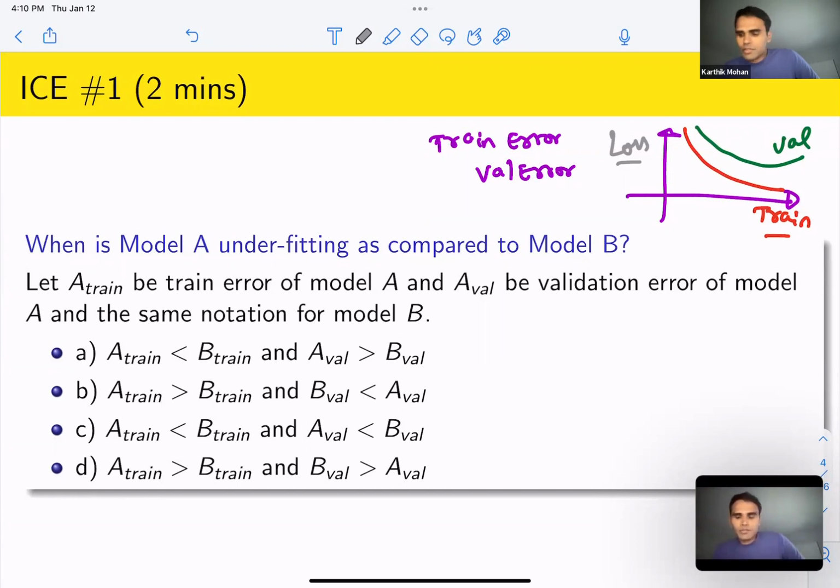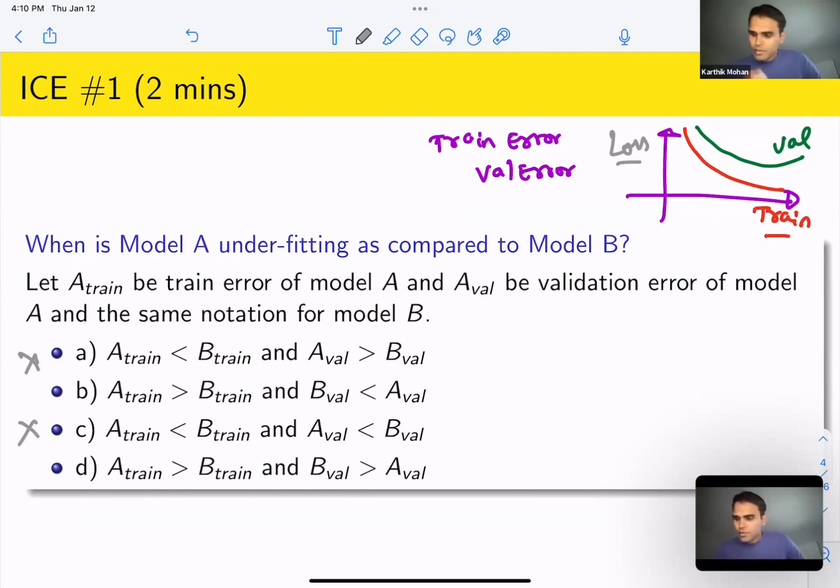So that rules out A and C. So you're left with B and D.